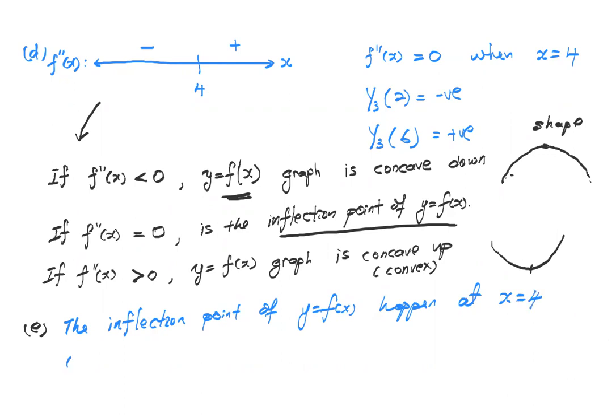So when x equal to 4, my f of 4, how can I get this value? I go to my y1. Can someone give me the answer? Using your graphic calculator, quick. 1.082682. 1.082, okay, roughly that.